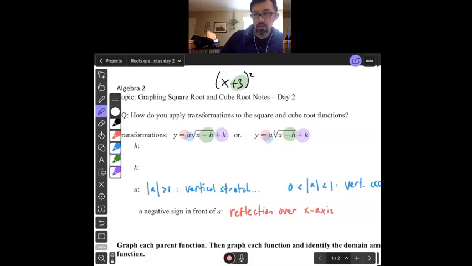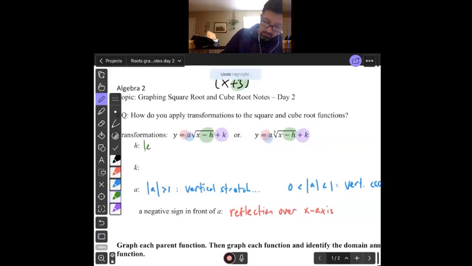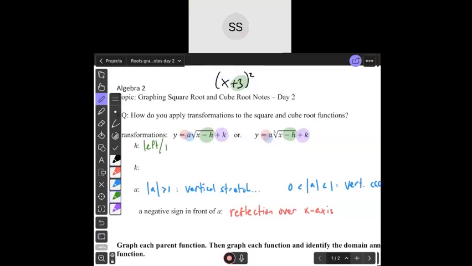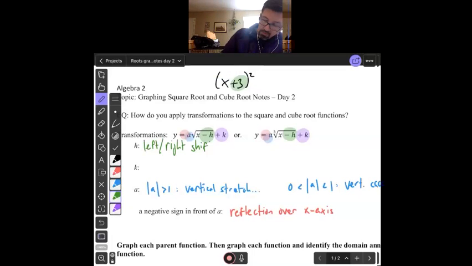Left 3. So Samantha, what did you have to remember to do there? Like switch the sign, basically. Right, yeah. So that was our left and right shifts, right?